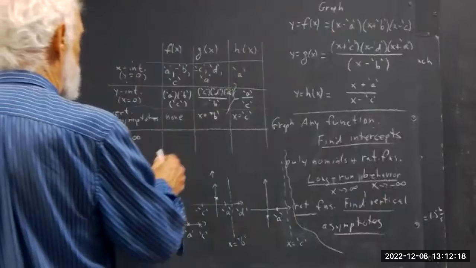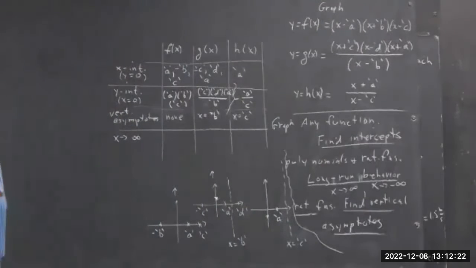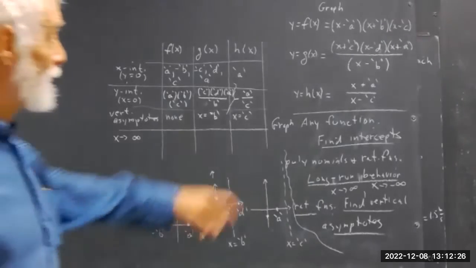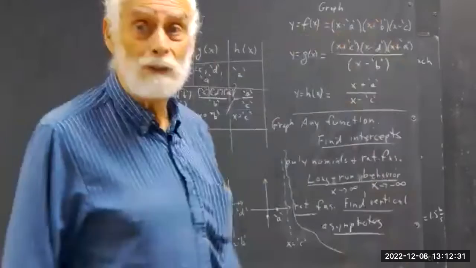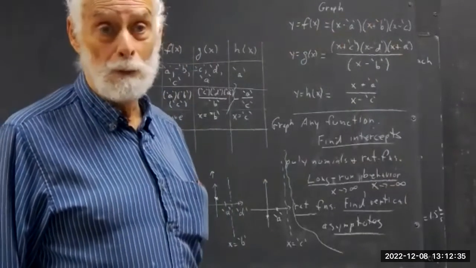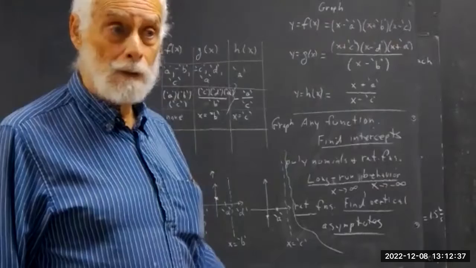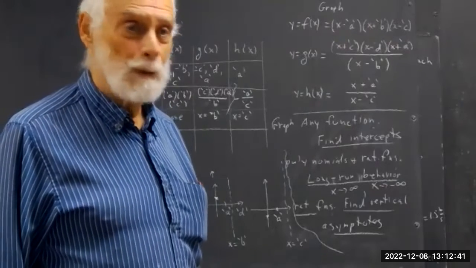So as x goes to infinity, I'm not going to write out that y goes to infinity because that doesn't tell you everything. Y really goes to infinity because that's if x is 100. If x is 1,000, every one of these numbers is at least 900. Okay, what's 900 cubed? Well, it's 729 million. Okay, everybody knows that, right?